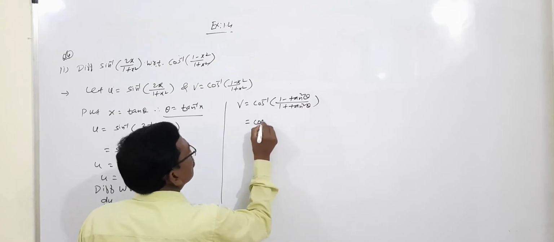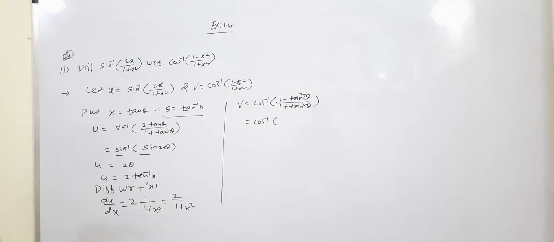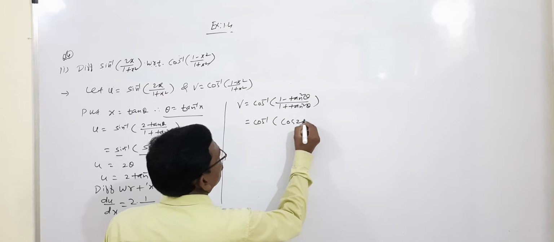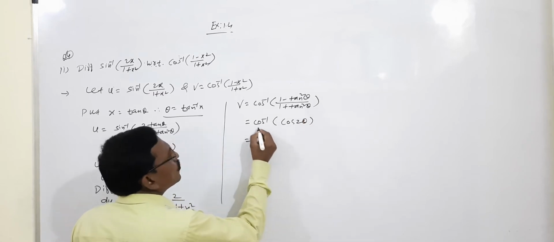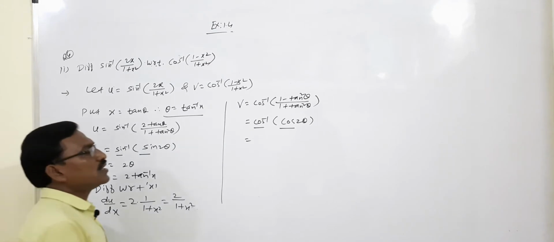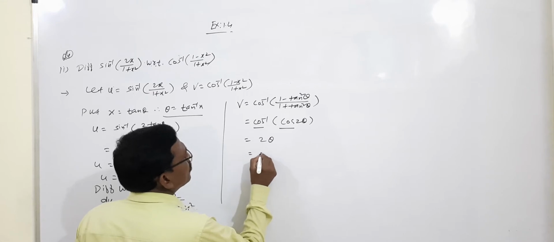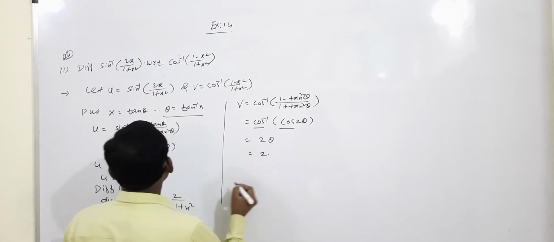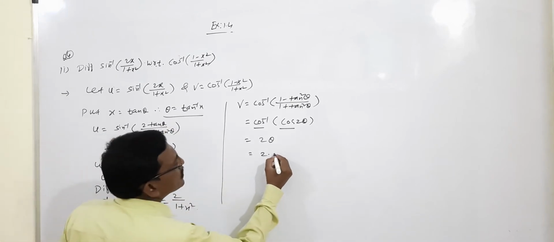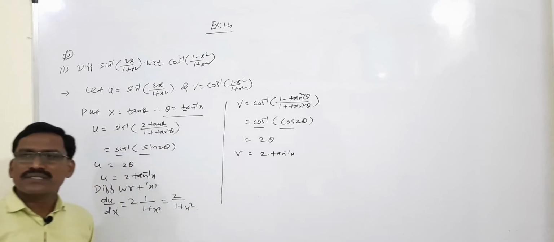By using the double angle formula, (1 minus tan square theta) upon (1 plus tan square theta) is cos 2 theta, and therefore we use the property cos inverse of cos theta is theta only, so it is 2 theta. But theta is tan inverse of x, so v equals 2 tan inverse of x.